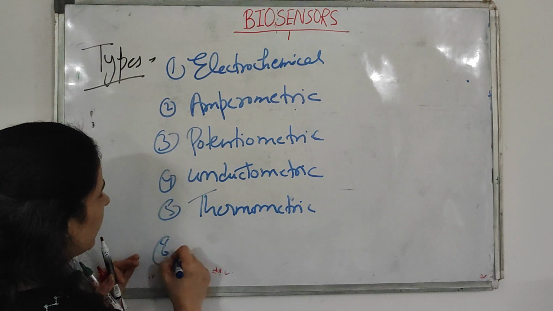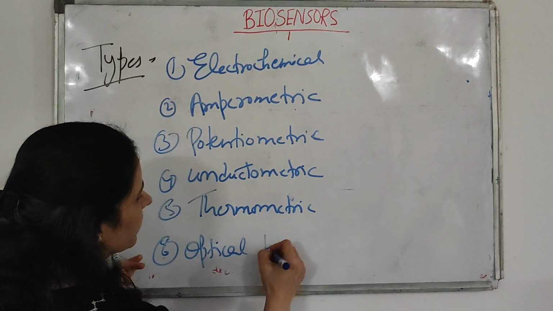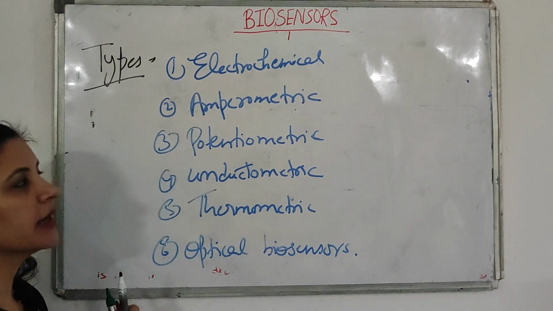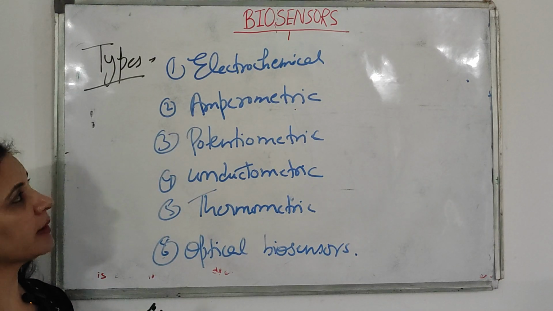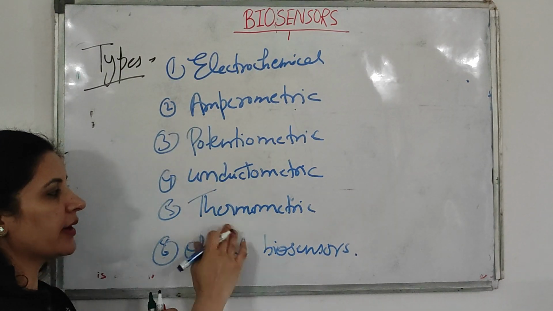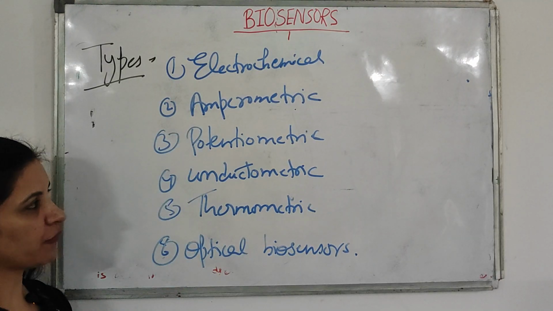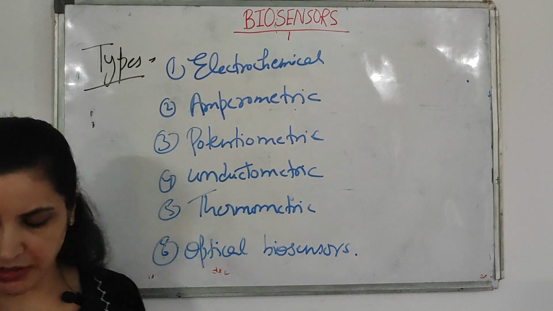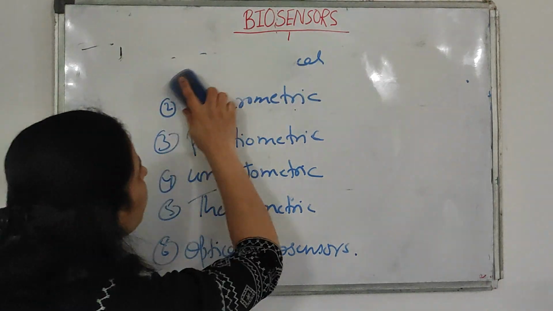And sixth is optical biosensors. Okay, so these are the various types of biosensors: electrochemical, amperometric, potentiometric, conductometric, thermometric, and optical. There is no need to write anything else inside it. Is it okay for your MD exams? Okay, so these are your types of biosensor.